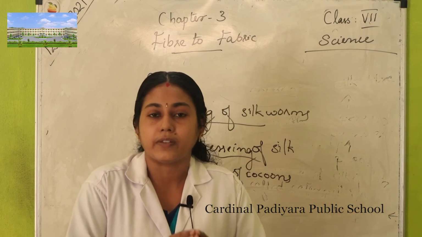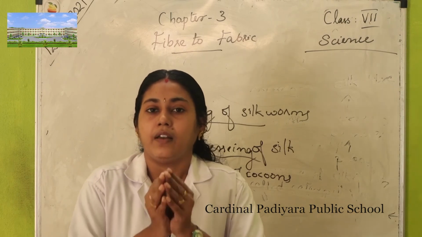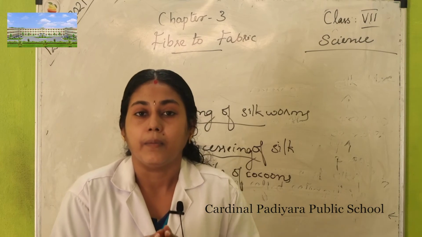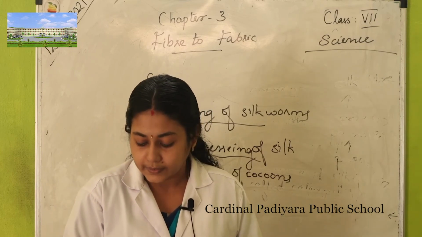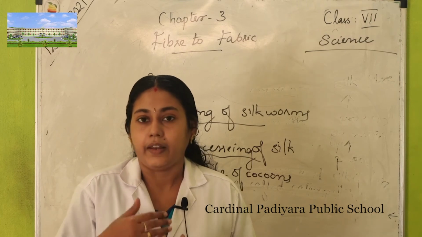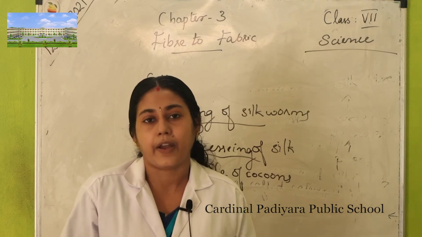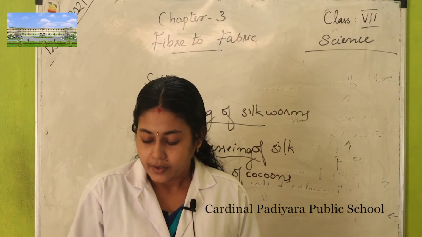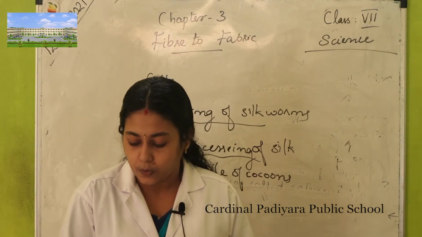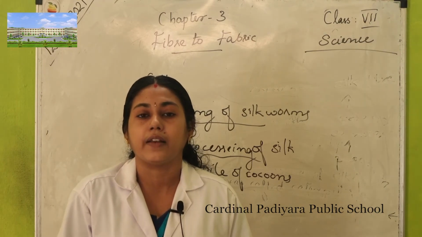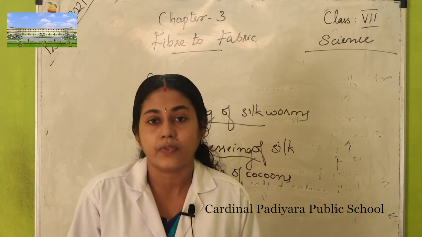For that process, what do they do? They put the cocoon inside boiled water, or expose it to the sun or steam. During that time, the silk fibers separate out, and this process of taking out threads from the cocoon for the use of silk is known as reeling of silk.